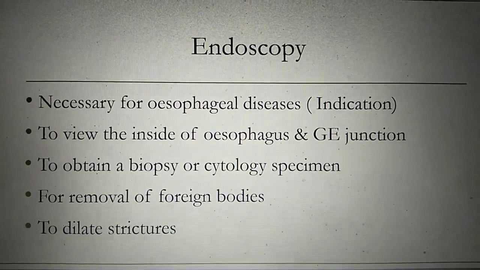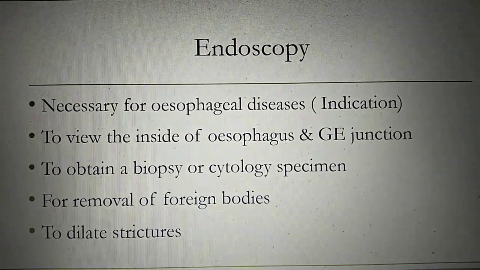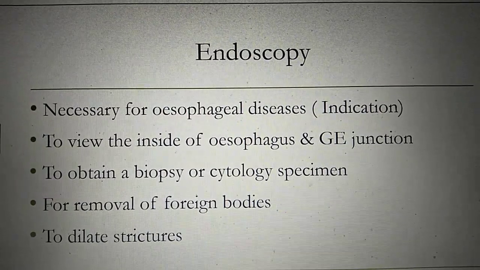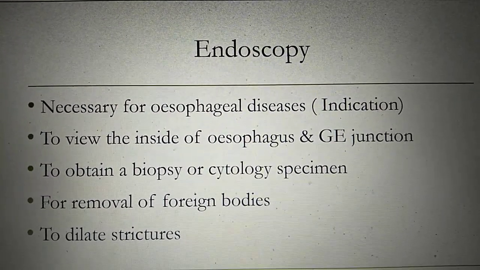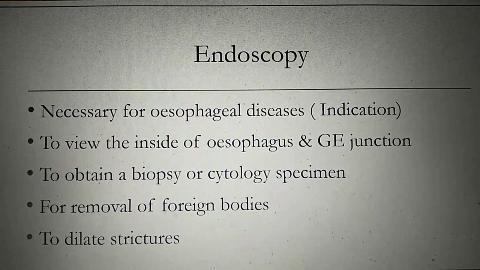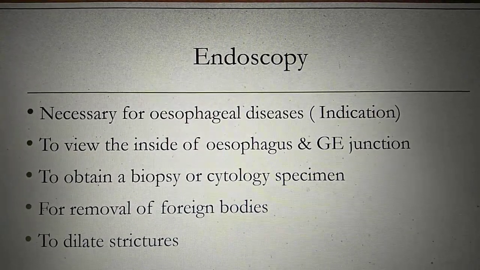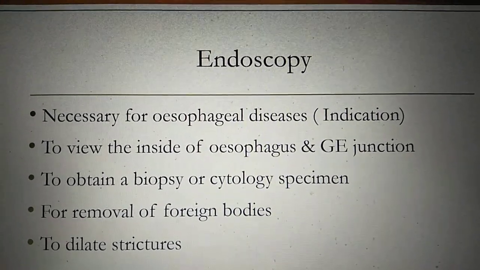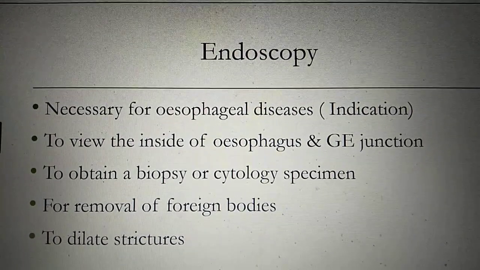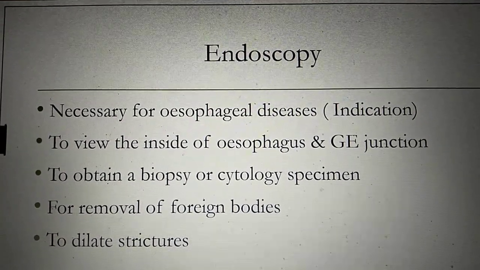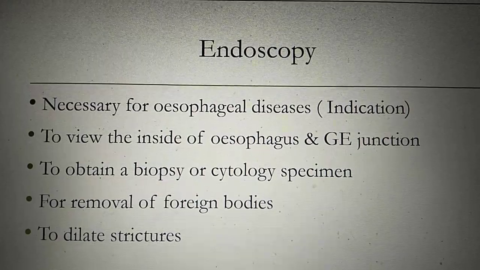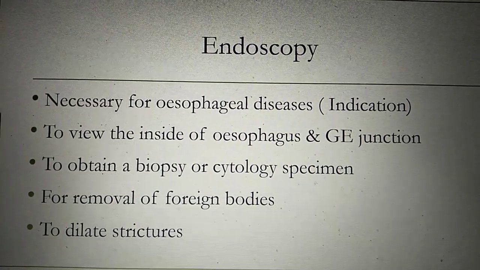Now, after discussing the radiography investigation in esophageal disorders, the next tool is endoscopy. Now this upper GI endoscopy is routinely done for esophageal disorders and the stomach as well as the duodenum.